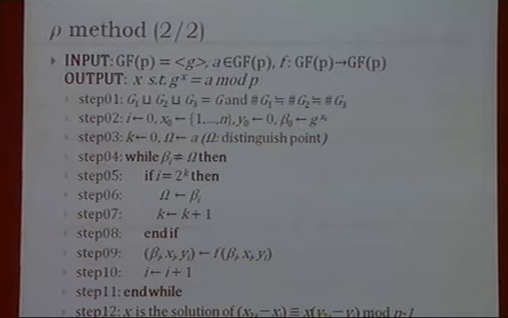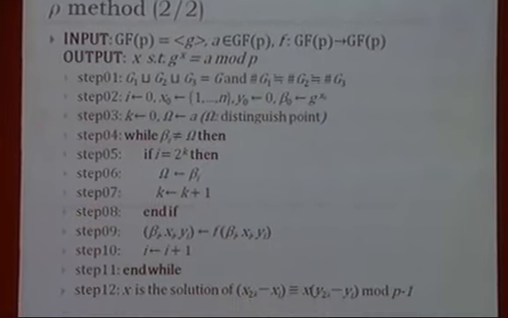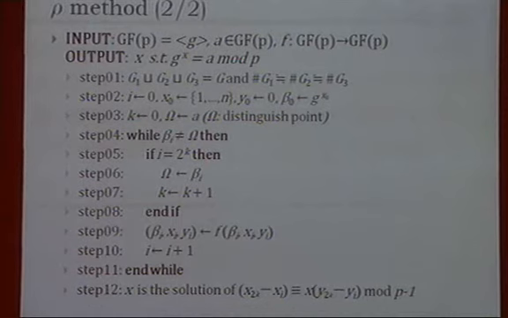Okay, like this. The input is the finite field GF(p), its generator g, and the target element a, and we also define a random map. The goal is to find the x which satisfies g to the x equals a modulo p. And so we prepare these disjoint sets. And we start with x0, y0 and beta 0. And the point is, we prepare omega here.